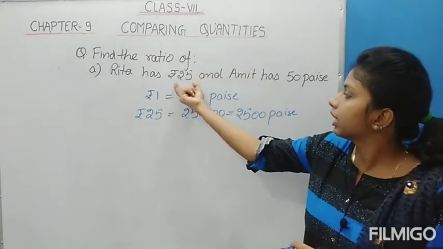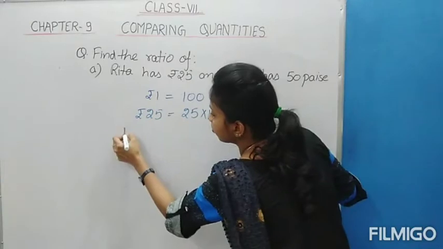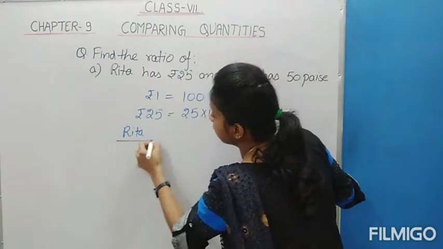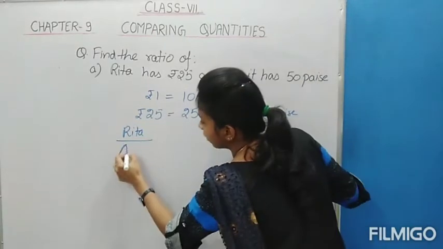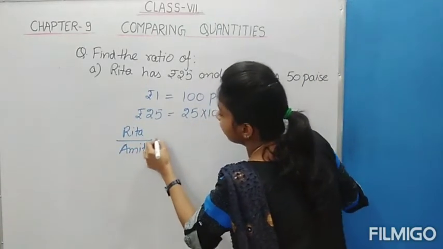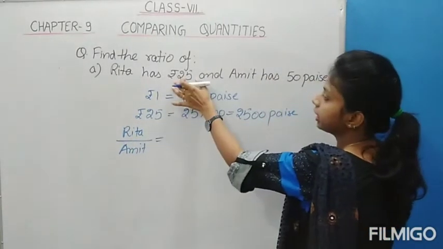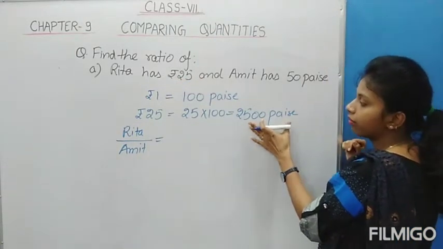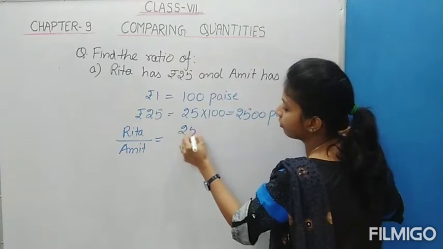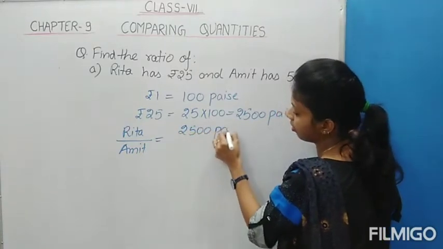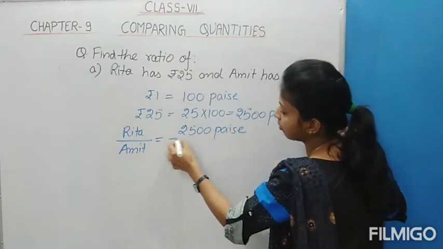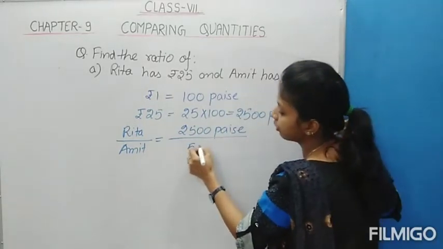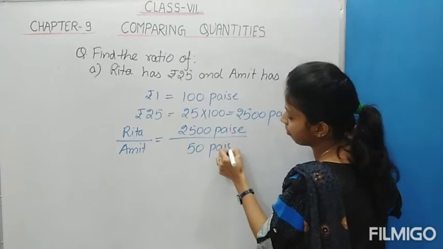So Rita's money divided by Amit's money. Rita's money is rupees 25, which we can write as 2500 paise, divided by Amit's money, which is 50 paise.